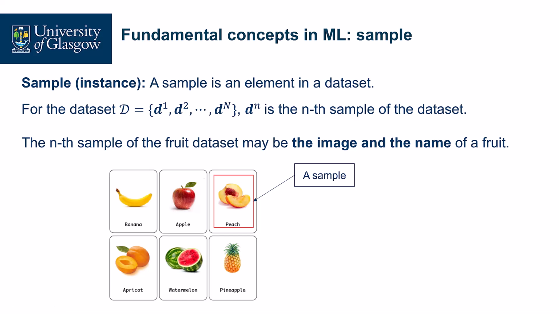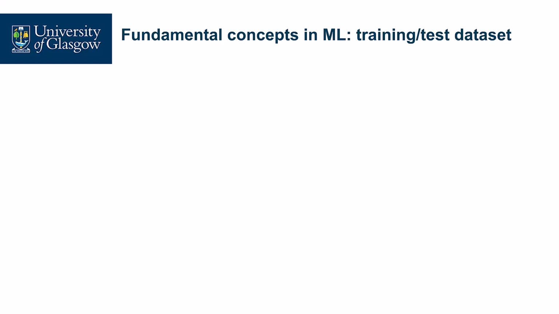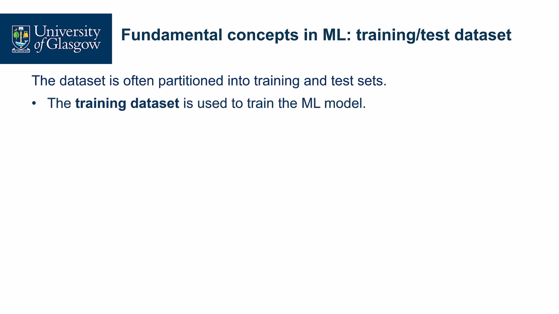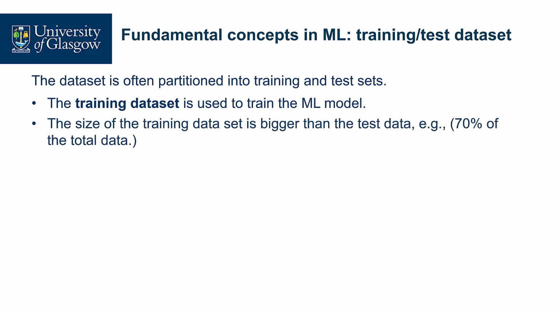Normally in supervised learning, we often partition the data set into the training data and the test data. These are of different use. The training data is to train the machine learning model, to obtain the model using this data. Normally the size of the training data is much more than the test data.